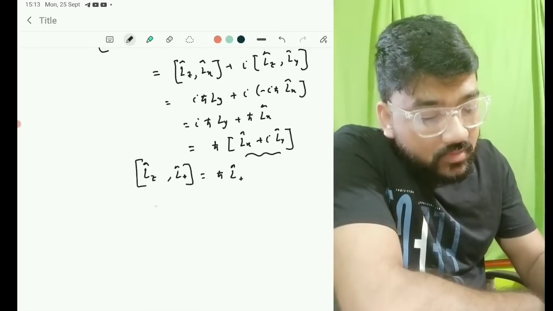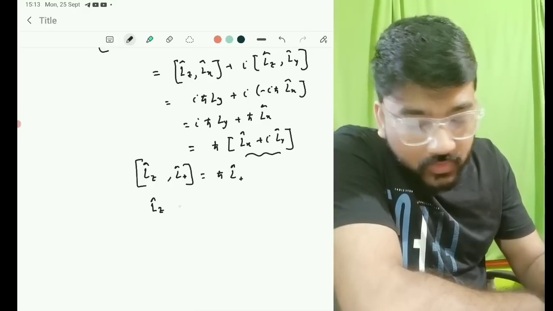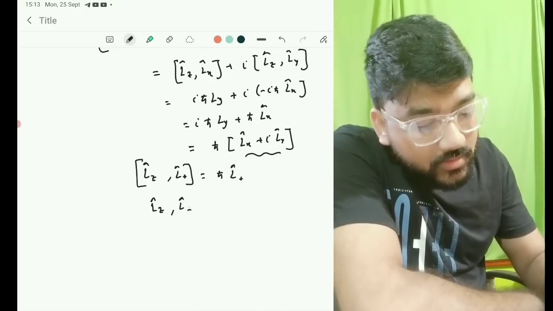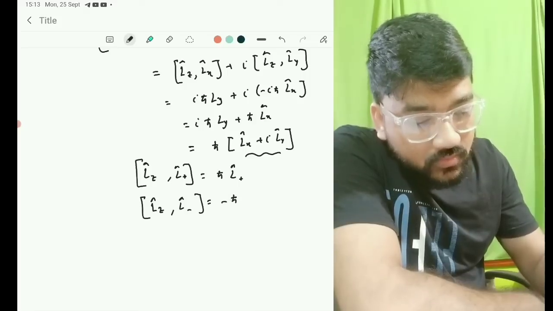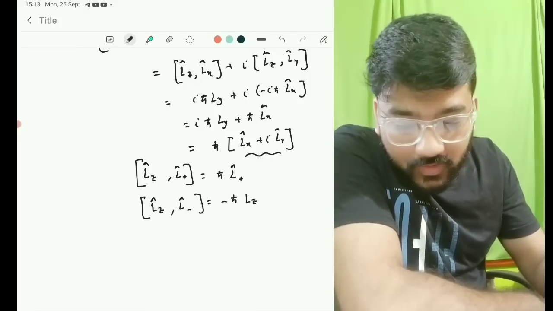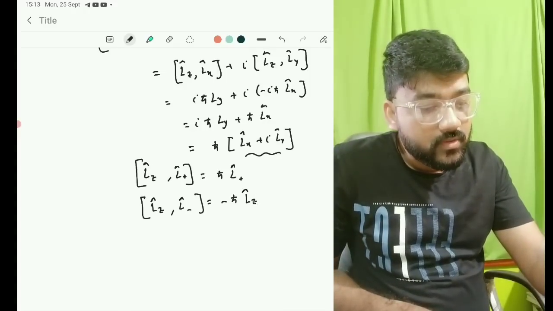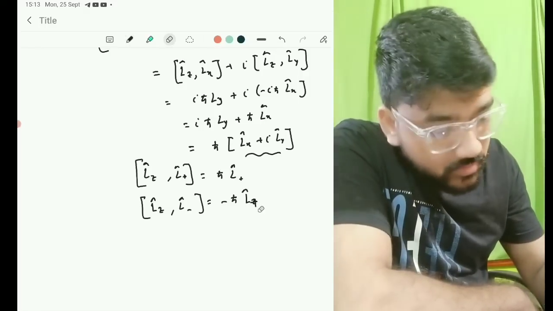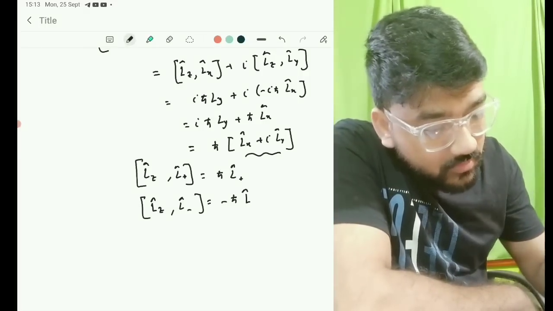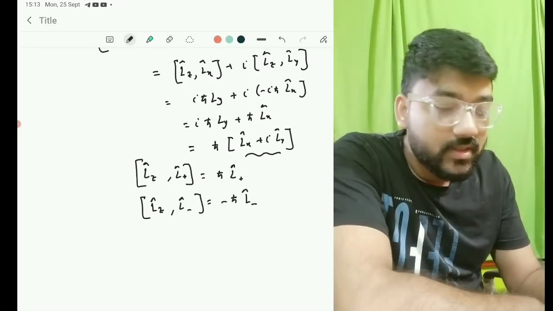Similarly, you can check that if you have Lz with L cap minus, you will get minus h cross L minus. Sorry, for minus it will be L minus. So this is how you can remember this result.